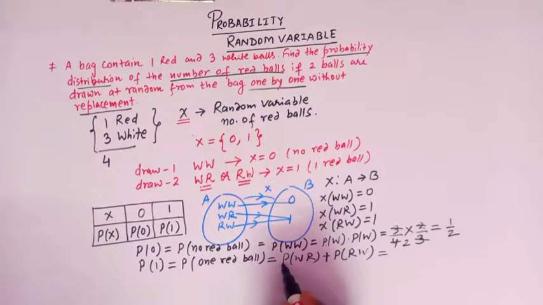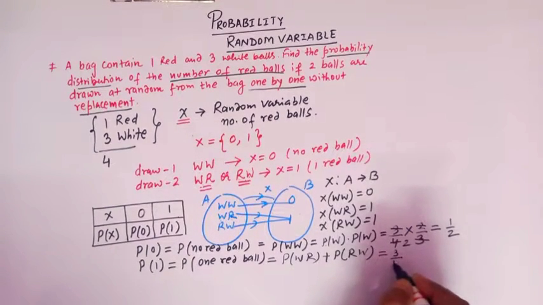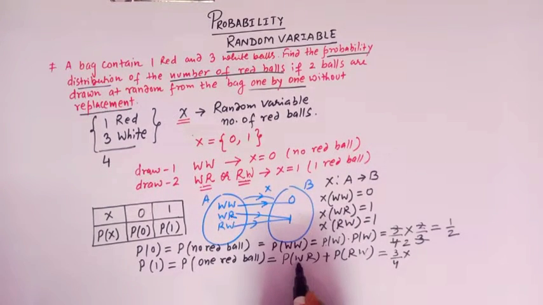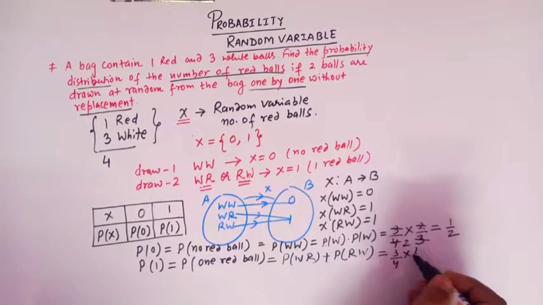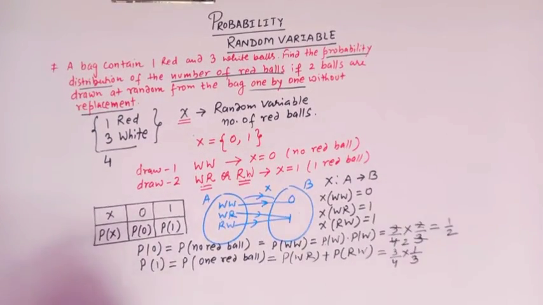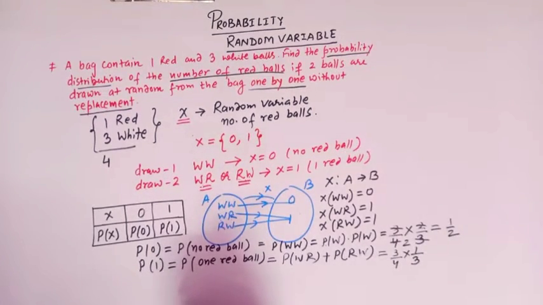So P(WR) implies that in the first draw we have to obtain the white ball, so we have 3/4, and now one white ball has been drawn. So now the number of red balls is 1, out of 3 balls, so 1/3, right? Because here the number of balls is reduced by 1.